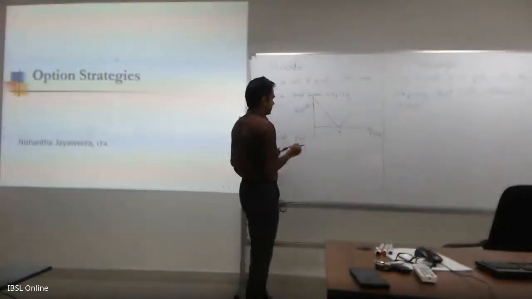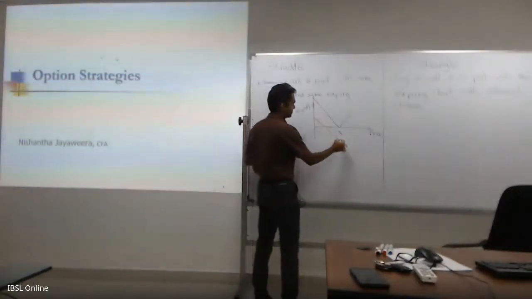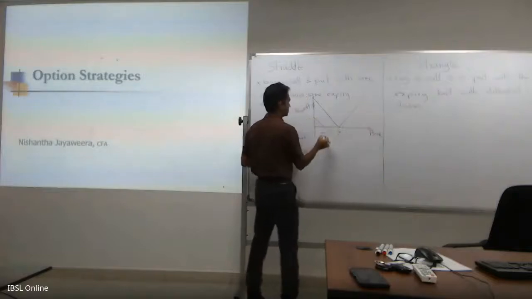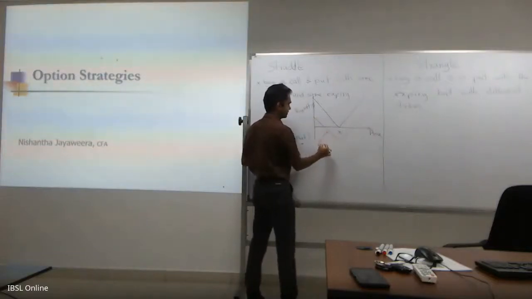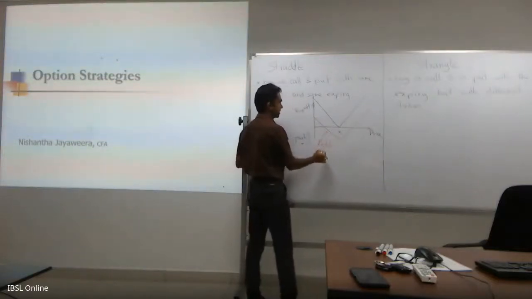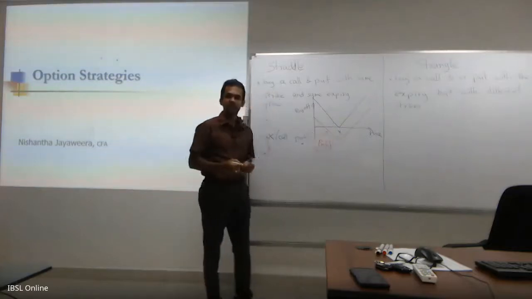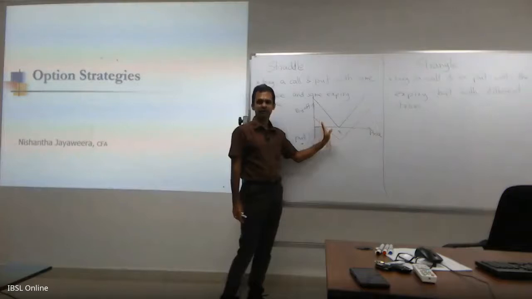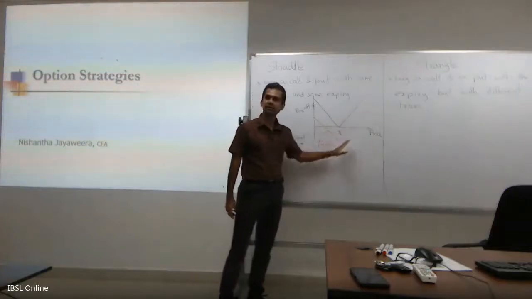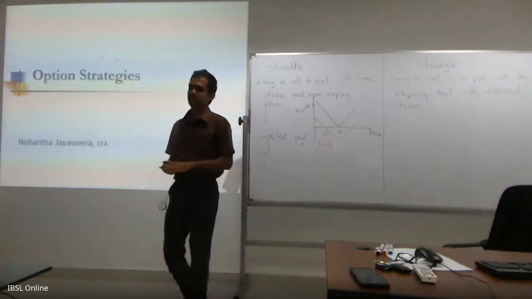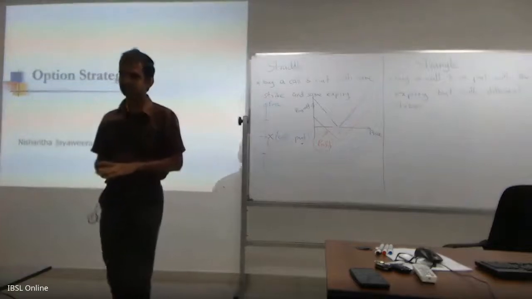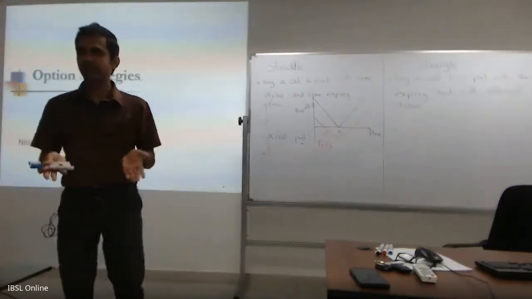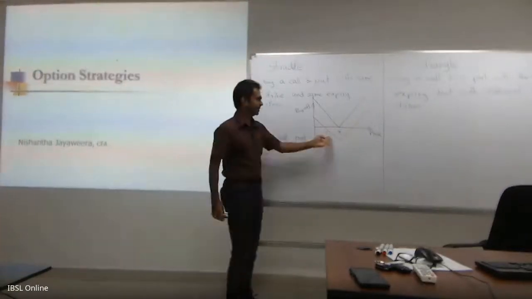So you pay a high premium, then the profit diagram would be like this. From this payoff, you deduct the premium that you pay. Sorry, the red one is the profit.